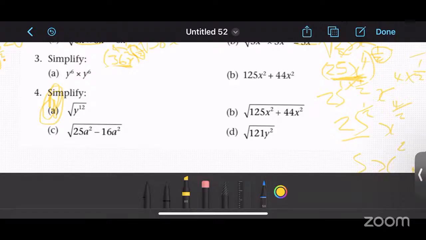And then the 1 over 2 is going to multiply whatever is inside the brackets. In this case, we have y to the power of 12. So 1 over 2 is going to multiply the exponent 12. So that means you're going to have 12 divided by 2, which is equal to 6. So that is equal to y to the power of 6.